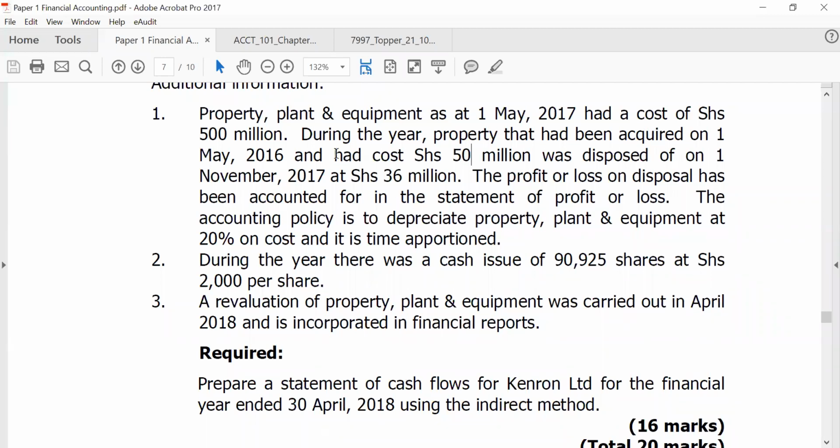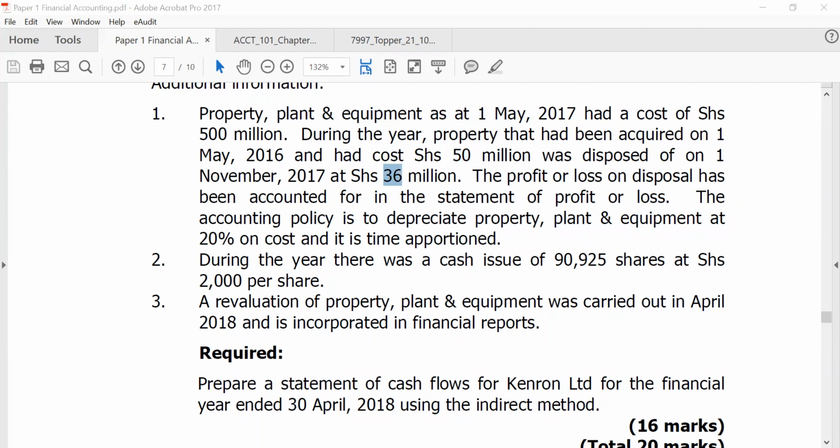Okay, sorry, they're saying that during the year, property that had been acquired on 1st May 2016 and had a cost of 50 million was disposed of. This is not an addition, this was a disposal. So there was a disposal of assets, and the asset had a cost of 50 million, but at that point in time, it was valued at 36 million.